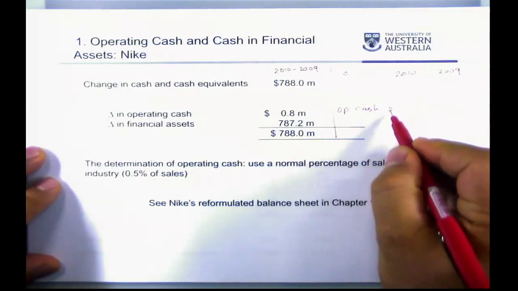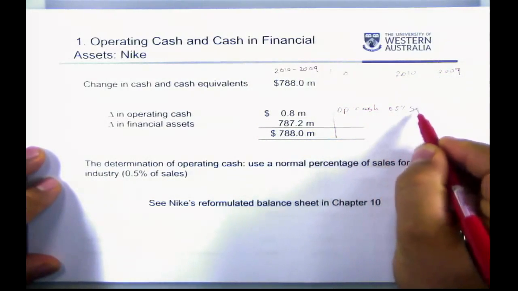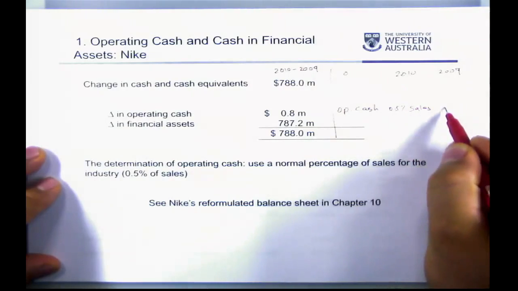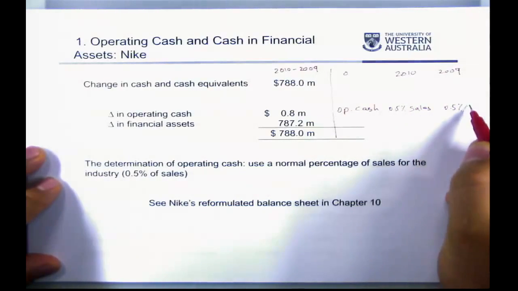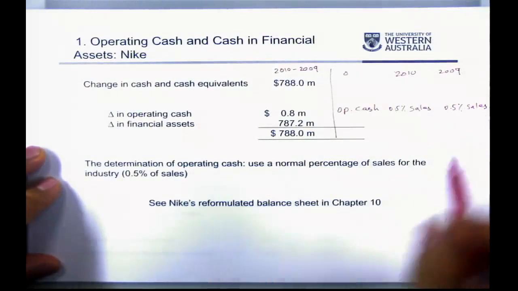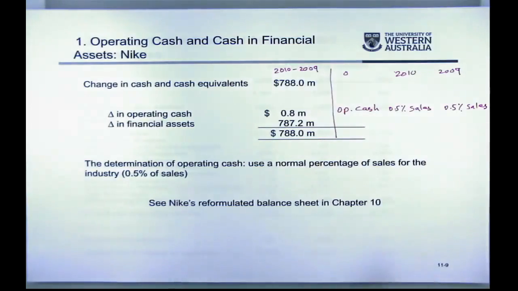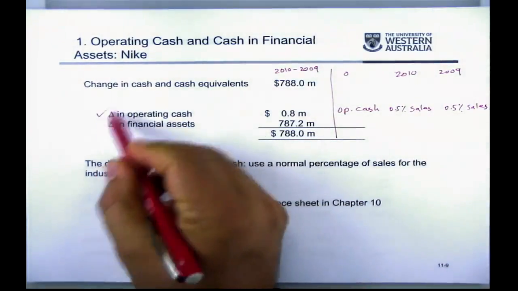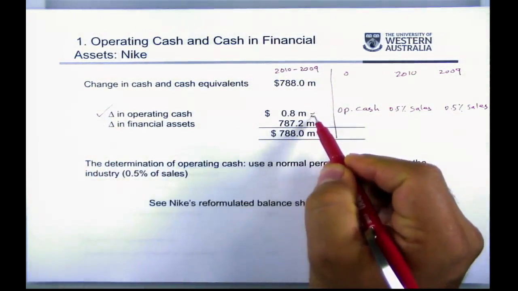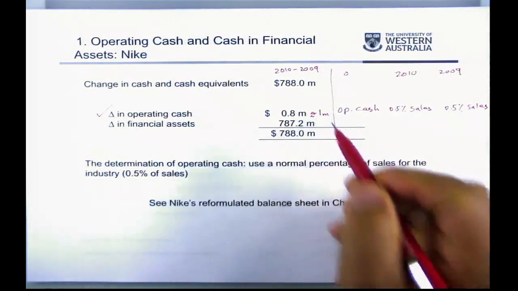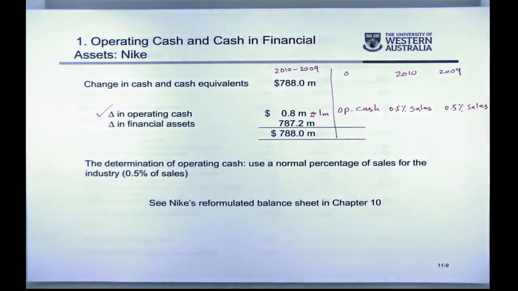We calculate it as 0.5% of sales. And the same applies here, 0.5% of sales. We calculate the operating cash over 2 consecutive years. Then we take the change and we include this change. This is the change. We can round it to 1 million. We include this change in the investment section under I.